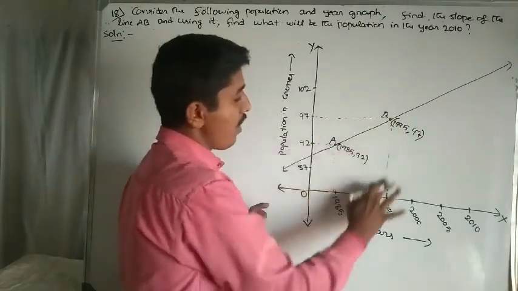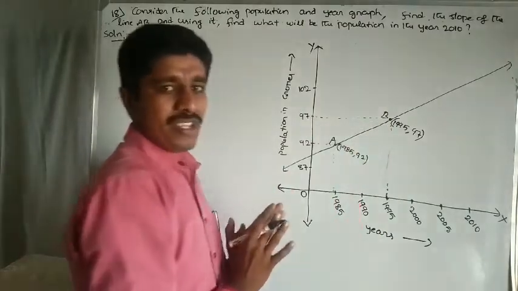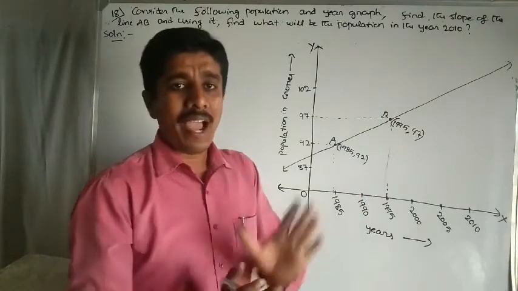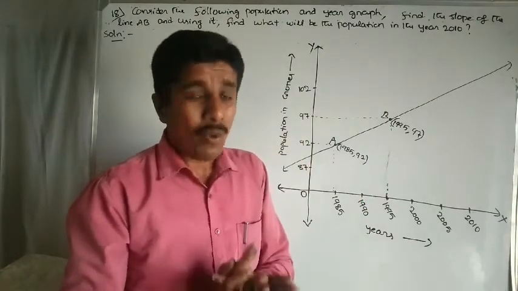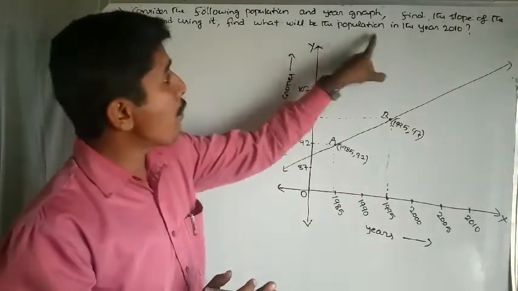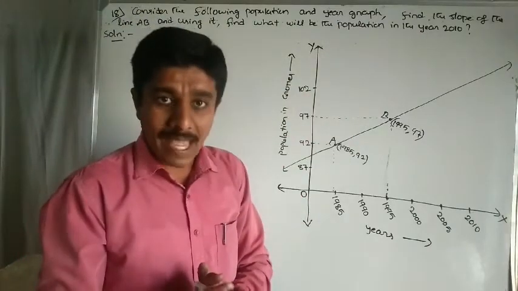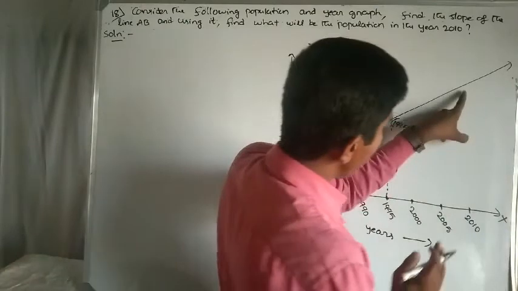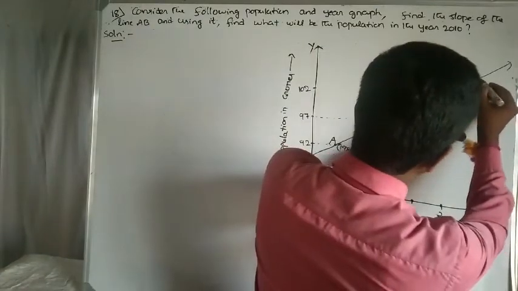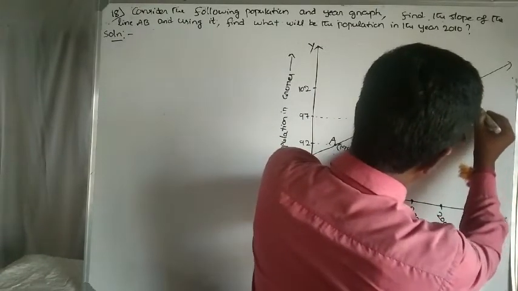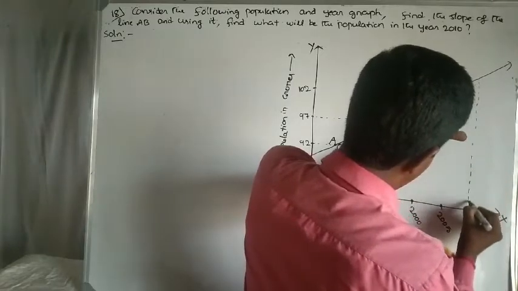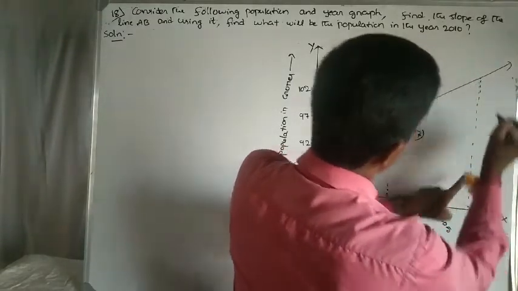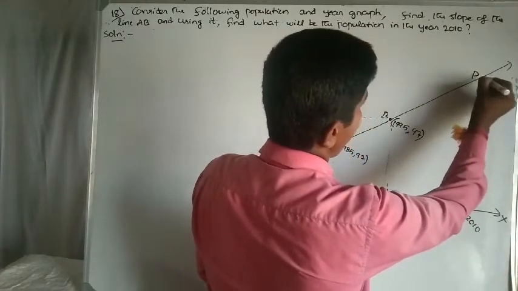Next, we have to find first the slope of the line AB, using the slope of the line passing through 2 points, and we have to find the population in the year 2010. This is the year 2010. We have to find the population here. Let us take P as the population in the year 2010.